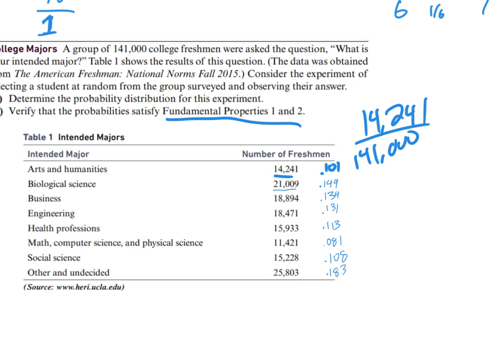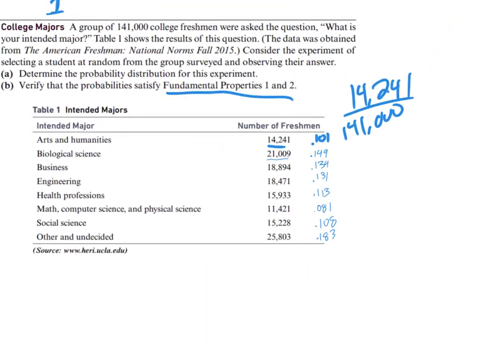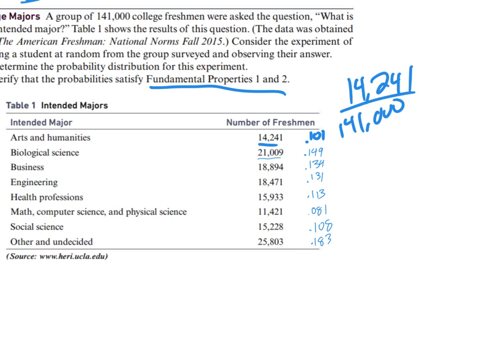To verify these, let's take a glance up. The first property says that all of these are between 0 and 1, and they are. Most of them are between 10 and 20%, but they are all between 0 and 1. Now we need to add these up and verify that they equal 1.